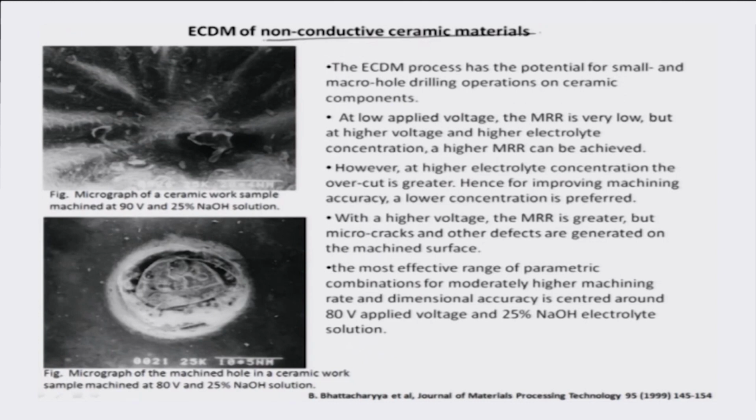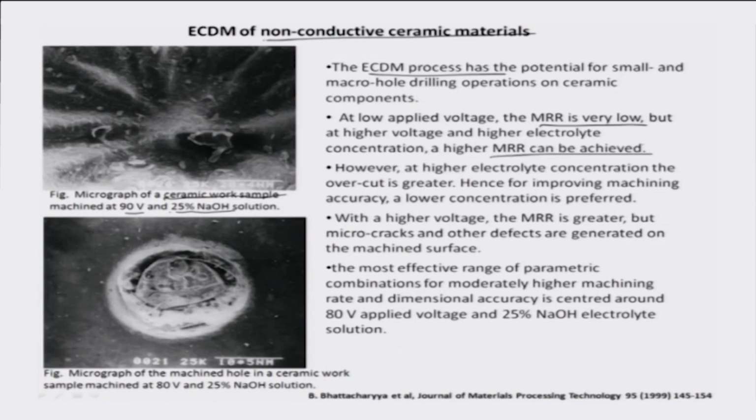For example, in this particular case you can see there is an ECDM process which has been able to carve out a small complex feature in a ceramic work sample, and this typically is machined at 90 volts with a solution of sodium hydroxide 25%, and although the MRR is very low at high voltage and high electrolyte concentration, MRR is something which can be improved probably by varying the concentration and voltage values.